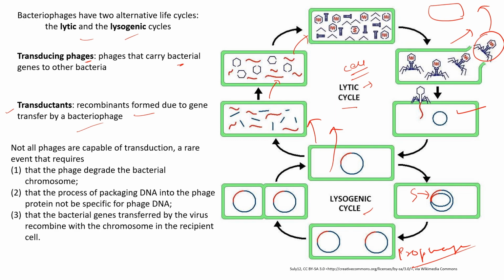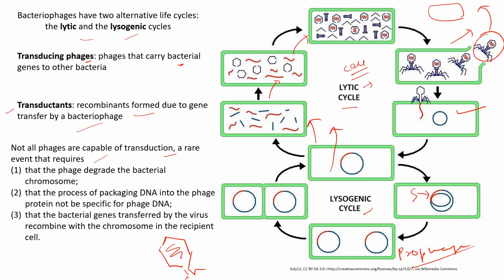As I already told, this is a rare event. Normally the phage will pack its own DNA only, but sometimes it can pack the bacterial DNA as well. Here the DNA is packed in the phage head. Now the phage head is a very small space, so only a very small amount of DNA can get packed inside the phage head.